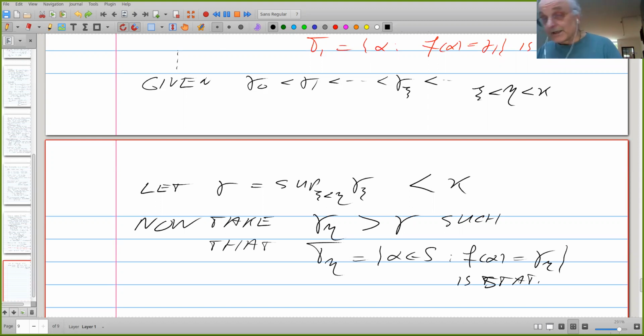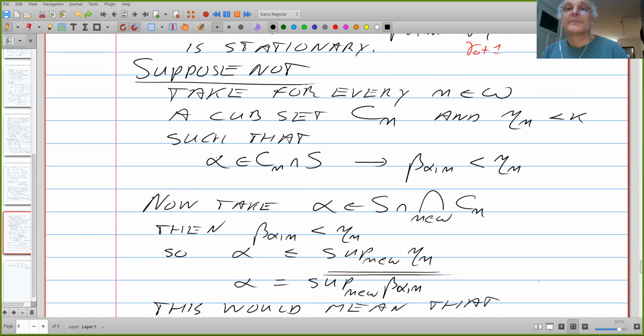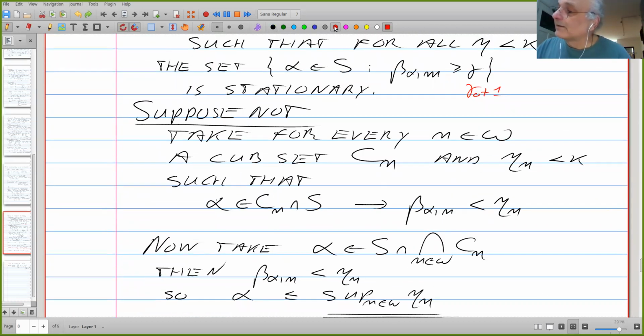We can keep on doing this because kappa is regular, and at any given time, we only have a very short sequence of gammas. We can take something above it, and we can keep on taking those gammas, and we still have a stationary part of S on which all those things are positive.